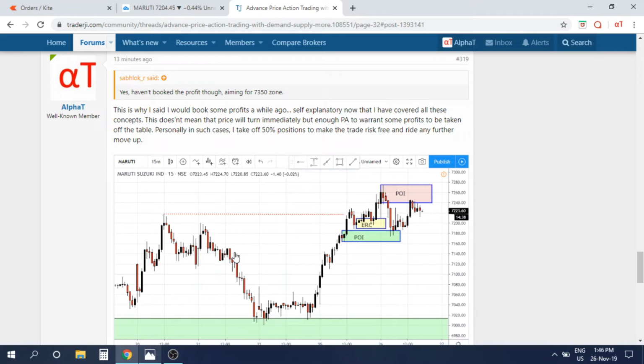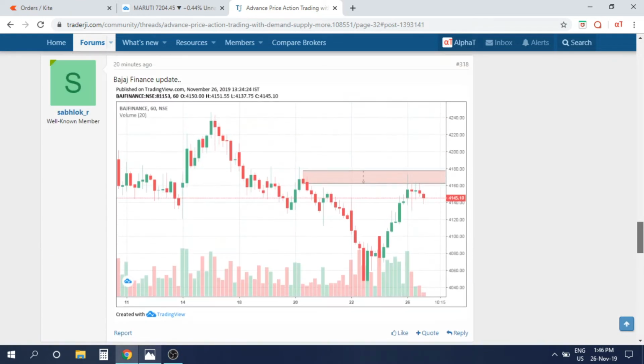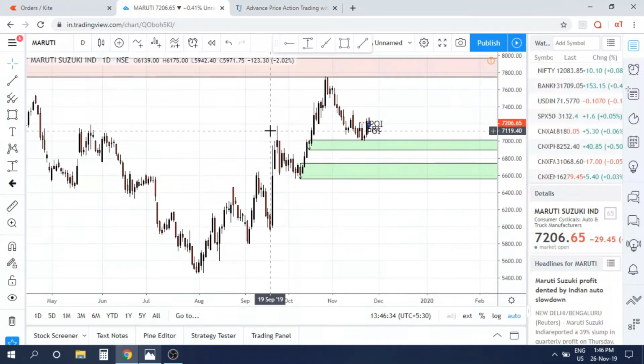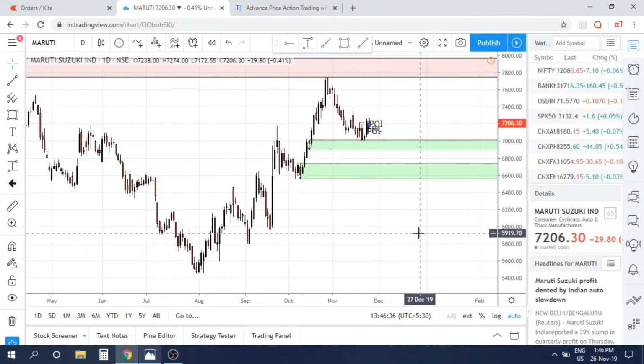So, a few days back, one of the users and a good trader, I would say, is Sablok R. You can see his profile name here. He's a regular poster over here, and so we had a discussion regarding Maruti and what are the potential zones where Maruti can show reversals from.